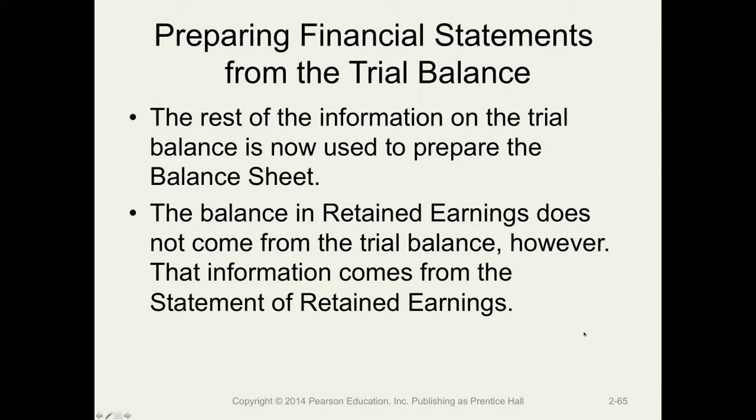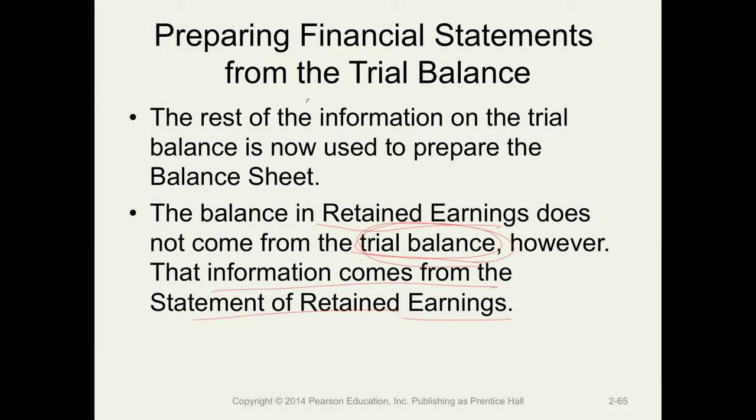So the rest of the information to prepare the balance sheet will come from the trial balance. And of course, the retained earnings account, as we said, does not come from the trial balance. It's a very, very important point, and it's going to be true throughout, because the balance in retained earnings on the trial balance will always be the beginning balance, and therefore we have to take the information for the balance sheet preparation from the statement of retained earnings.